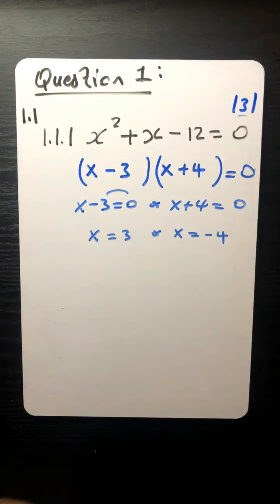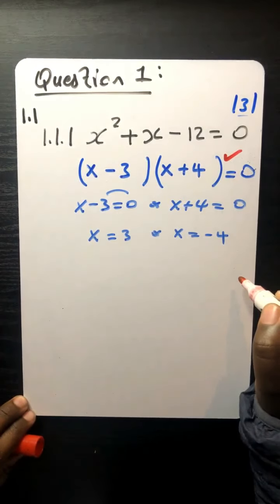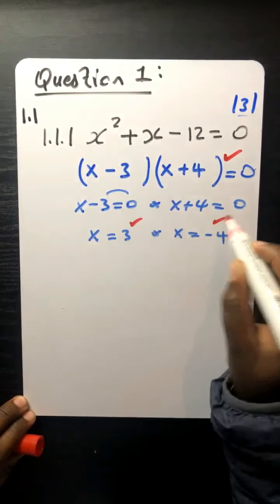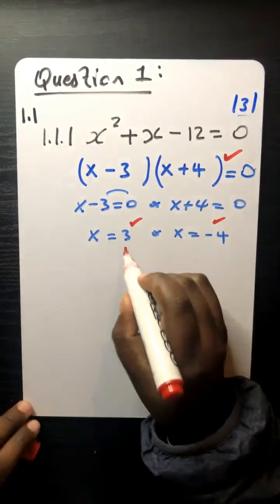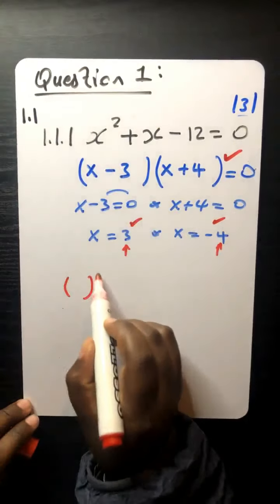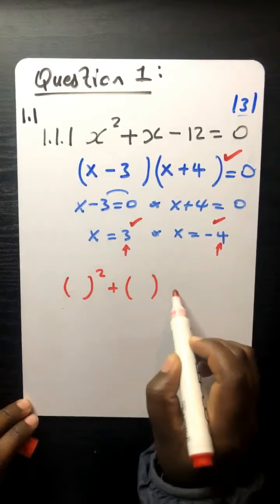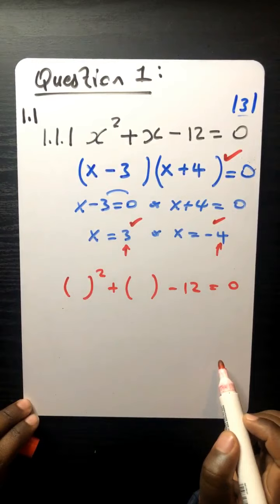They're going to give you 1 mark for the factors, and again 1 mark for your 2 x values. If you want to prove that your final answers are correct, substitute them in the original equation there. I've always been explaining to you guys that you can always prove if your solve for x is correct.